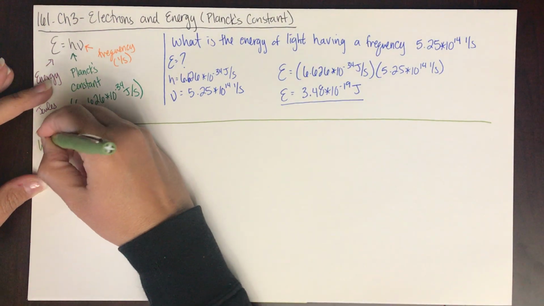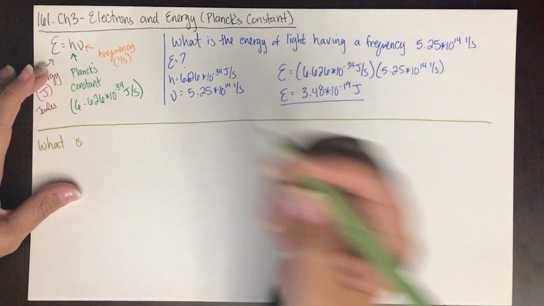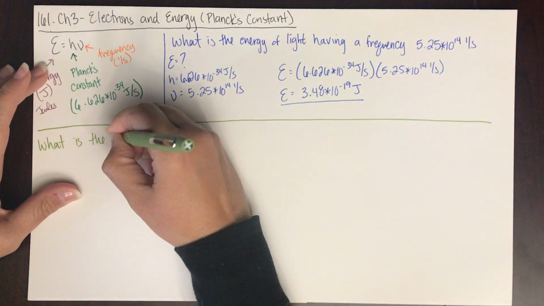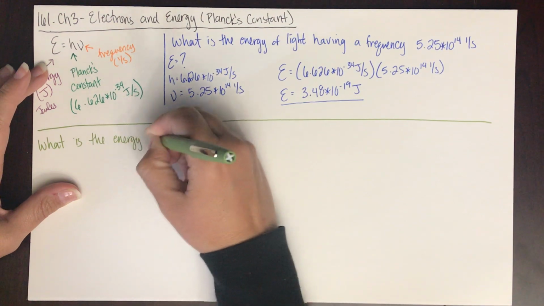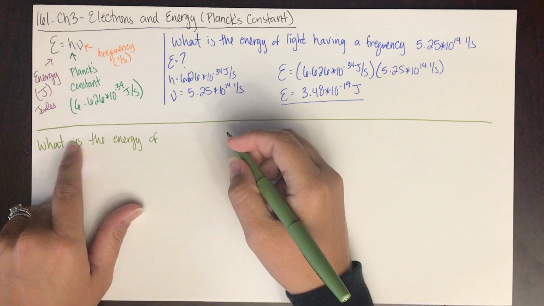So let's say, what is the energy of, let's look at the visible spectrum here. It looks like red light has a visible spectrum somewhere around 700 nanometers. So let's say 700 nanometers.